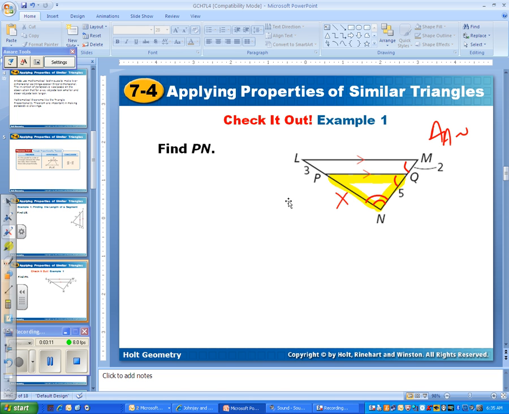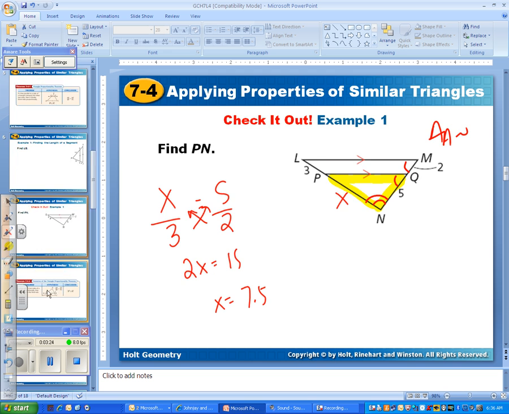So there's lots of ways you can set this up. You could say x over 3 equals 5 over 2, and then cross multiply and solve. Okay. So that's the first thing that we're talking about.